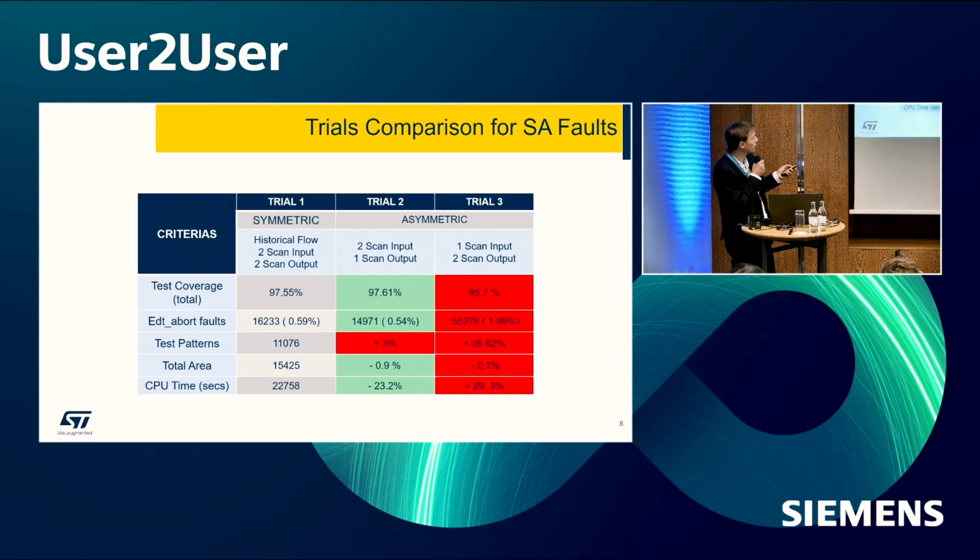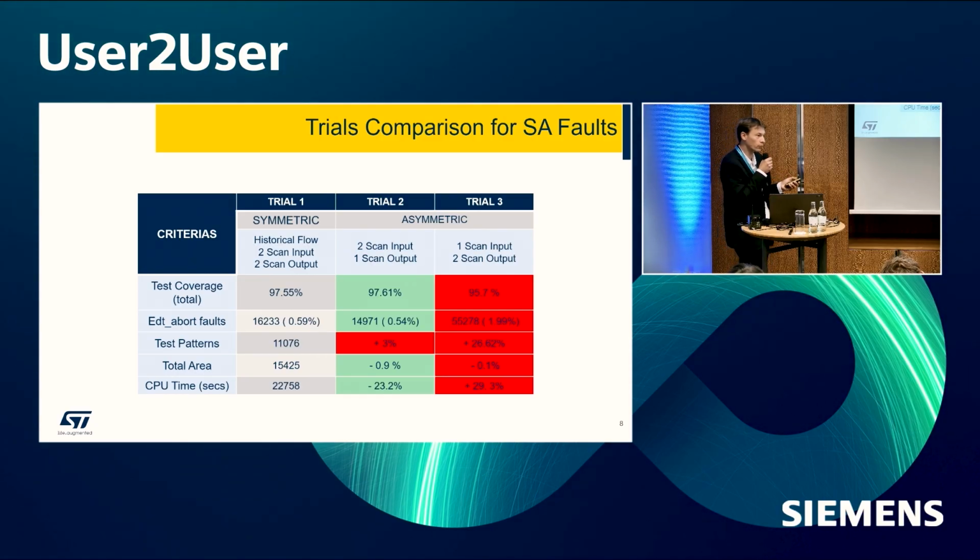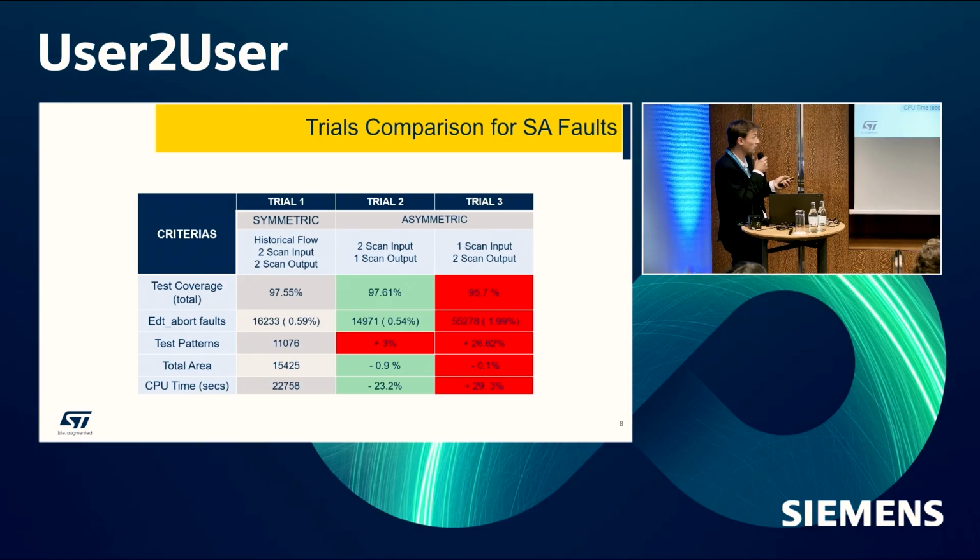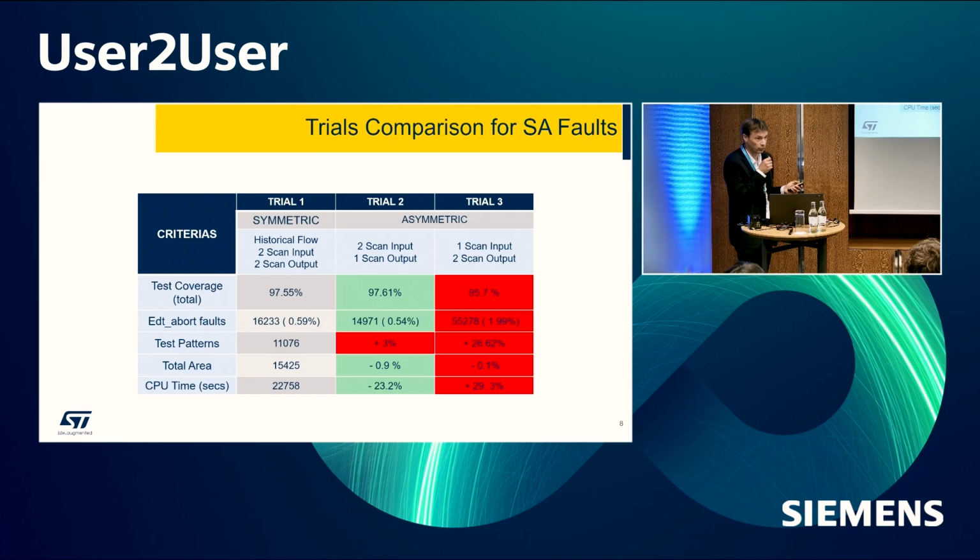This is very important to make sure you have good quality in terms of manufacturing tests. The number of EDT abort faults, so those faults which are not addressed by the ATPG engine when dealing with compressed patterns, making sure that you don't have too long a runtime, basically. The number of patterns and the total area, very important since those designs are very small.